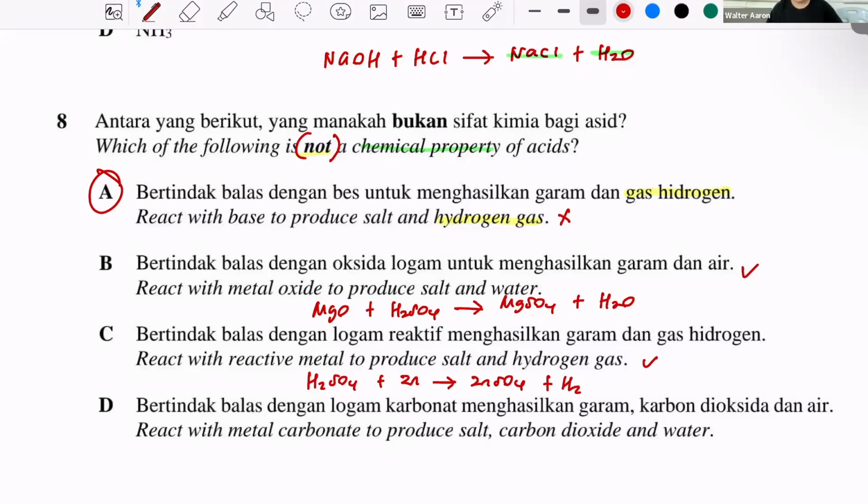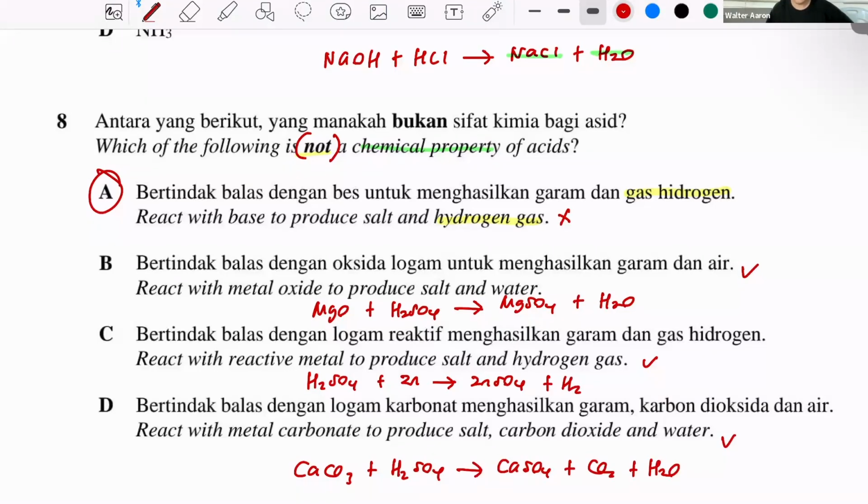And D, react with metal carbonate to produce salt, carbon dioxide, and water. This is also true. For example, if I use the same acid, sulfuric acid, to react with calcium carbonate, you'll be able to get calcium sulfate as a salt, plus carbon dioxide, plus water also. So technically speaking, D is also possible.